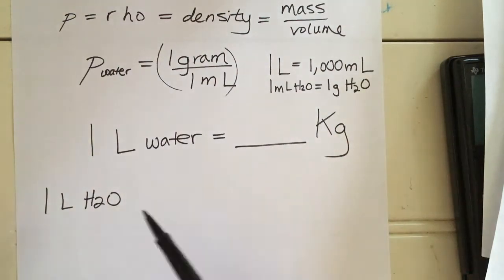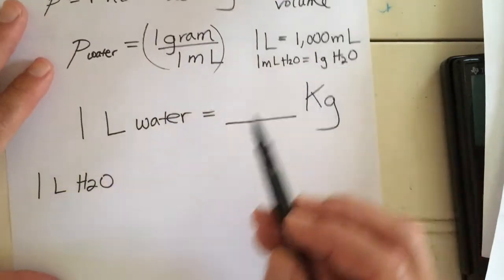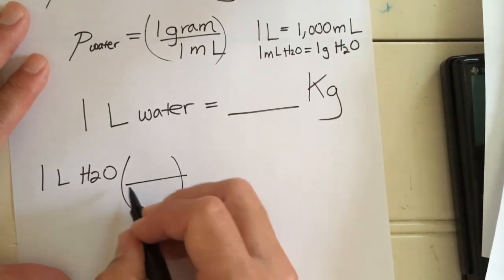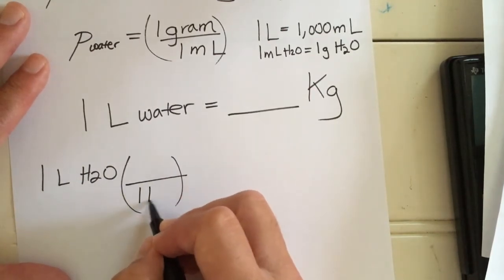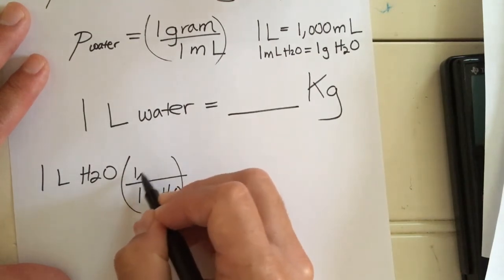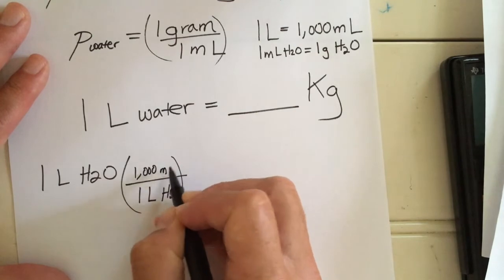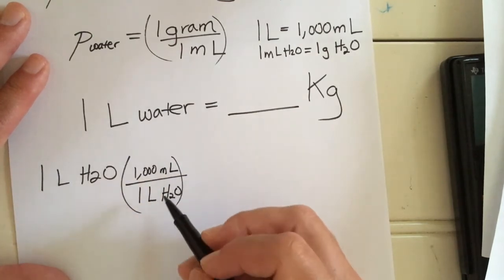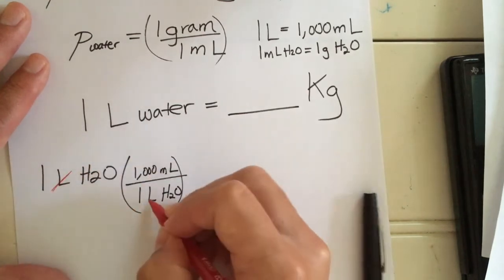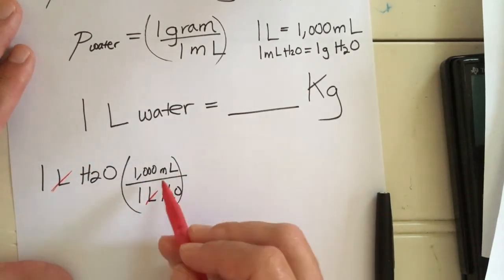This is how we're going to do it. So we'll start here with this. We'll say that 1 liter of H2O is equal to 1,000 milliliters. Okay, so I can go ahead and cancel off my liters, and I'm left with milliliters.